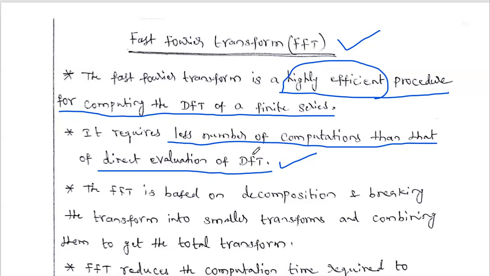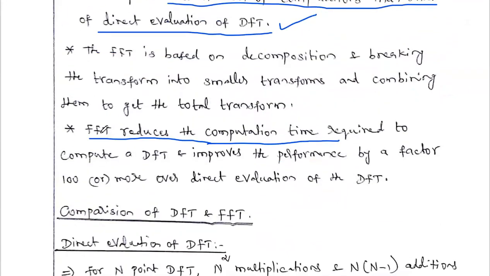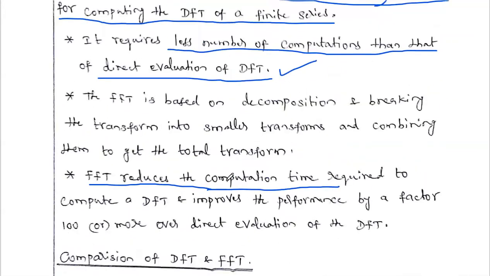We will discuss in the next video how many multiplications and additions are required in the direct evaluation method and in the FFT, and we will compare them. Then, automatically, the FFT reduces the computation time required to perform the DFT, which is why it improves the performance by a factor of 100.